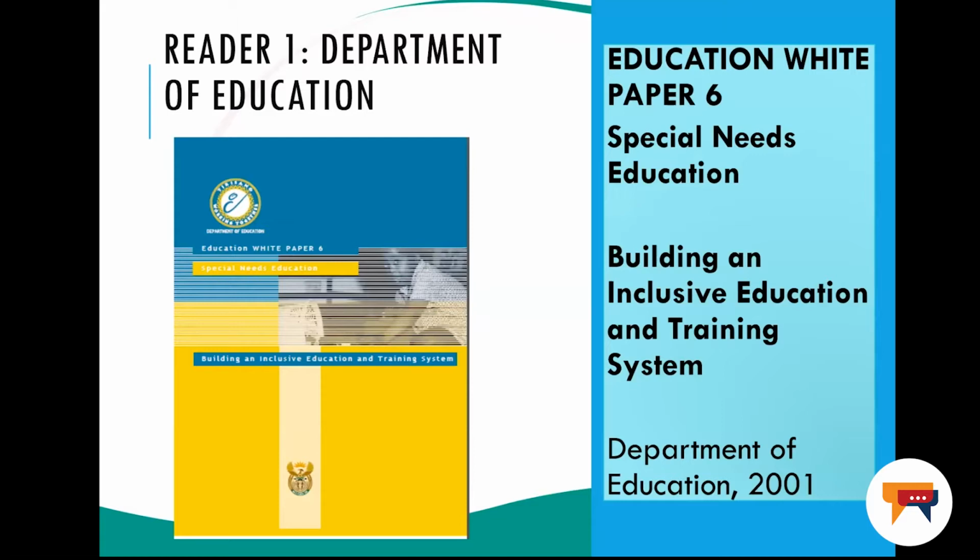I view this document as the Bible for inclusive education. Why the Bible? Because everyone who works with all learners should have it. And that is the reason it is freely available from the Department of Basic Education's website. And this is the key policy document that mandates the implementation of inclusive education in South Africa.